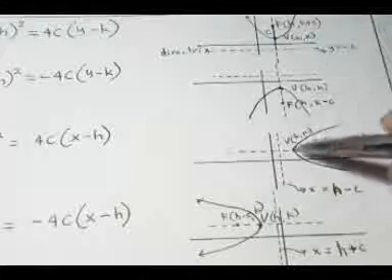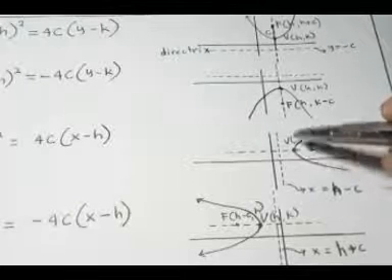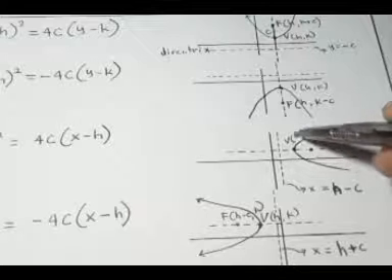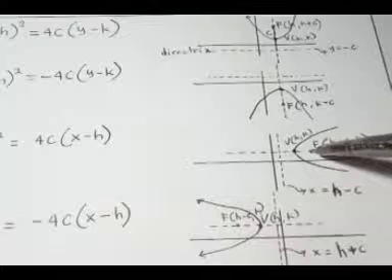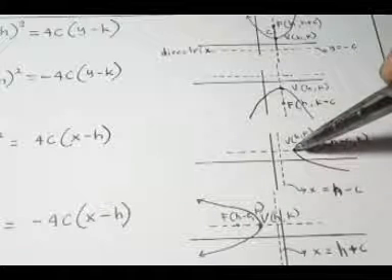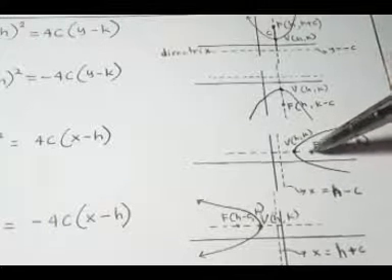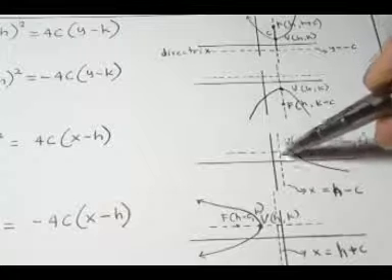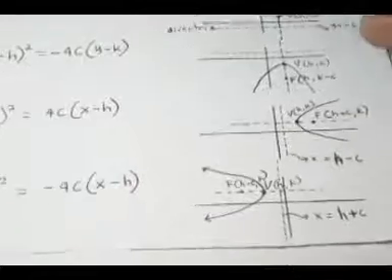And on the other hand, if the parabola is open to the right and its vertex is no longer at the origin, it is at some point with coordinates (h, k), then this is the focus. The focus is c units to the right of the vertex, and the directrix, this vertical line, is c units to the left of the vertex.